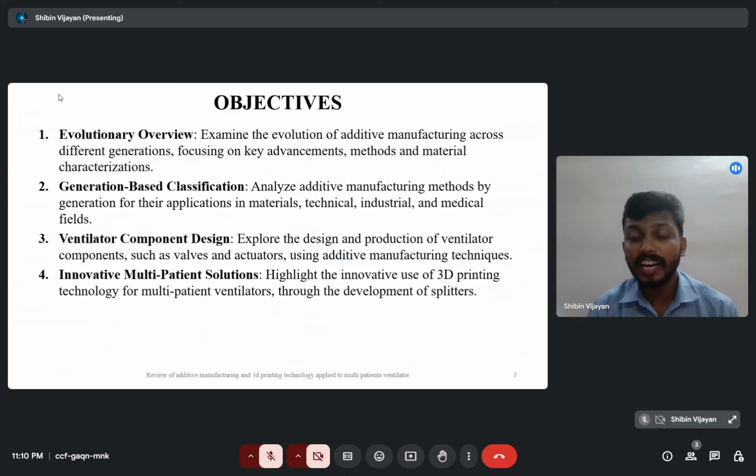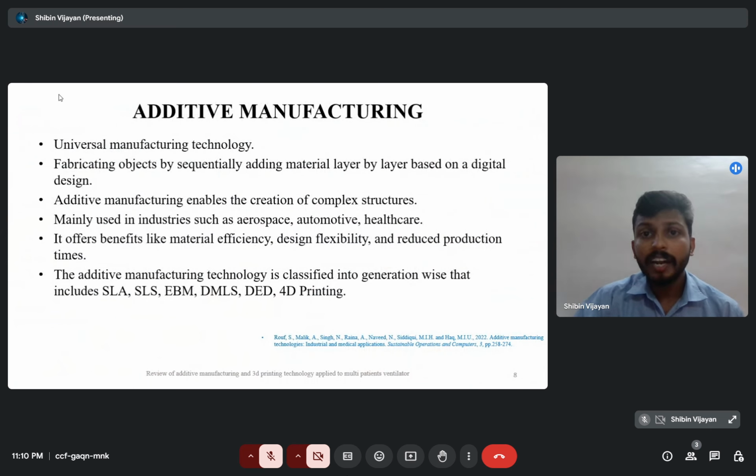Generation-based classification analyzes the additive manufacturing methods by generation, their application and material, technical, industrial, and medical fields. Ventilator component design explores the design and production of ventilator components such as valves and actuators using additive manufacturing techniques. Innovation of multiple patient solutions highlights the innovative use of 3D printing technology for multi-patient ventilators through the development of 3D splitters.